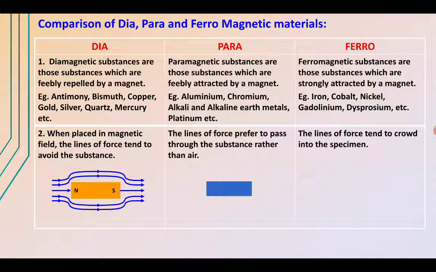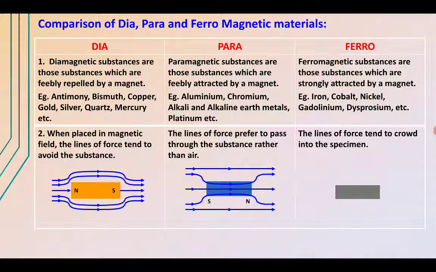In case of paramagnetic substance, when they are placed in a magnetic field, it aligns itself in the direction of the applied magnetic field, or the lines are flowing through that substance. On the other hand, in case of ferromagnetic substance, the lines are passing crowdedly through that particular ferromagnetic substance.